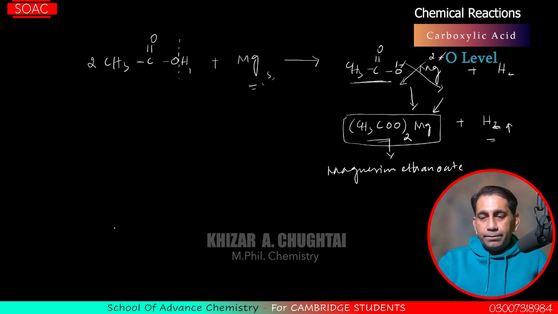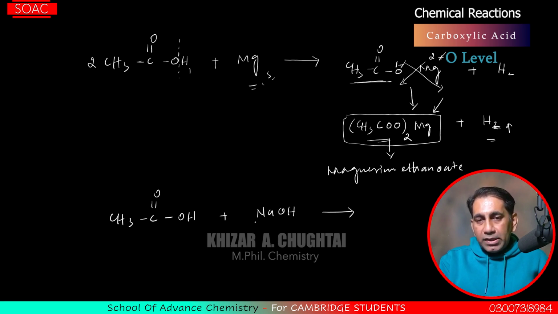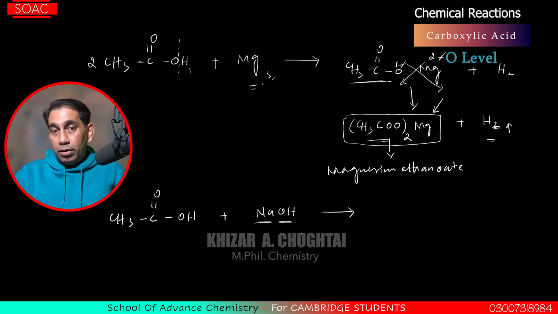The same is the case with the reaction of acid with a base. For example, again, I'm taking ethanoic acid and I'm going to react it with sodium hydroxide. What are the bases? Bases are metal hydroxides, metal oxides, and ammonia in your syllabus. So what will be the products?